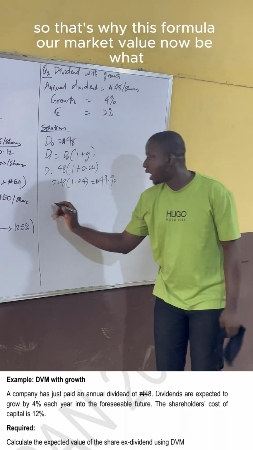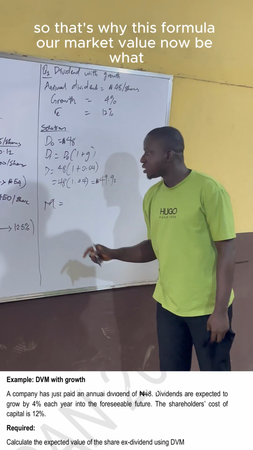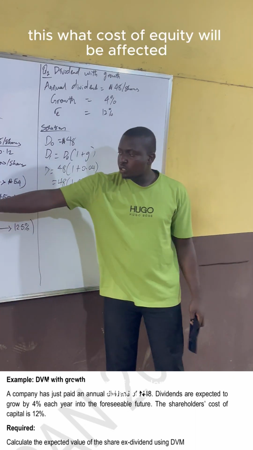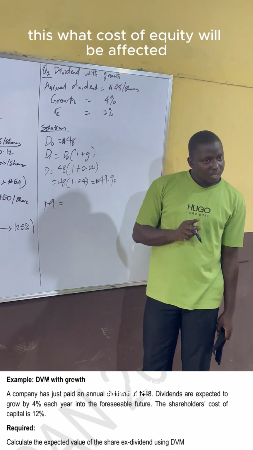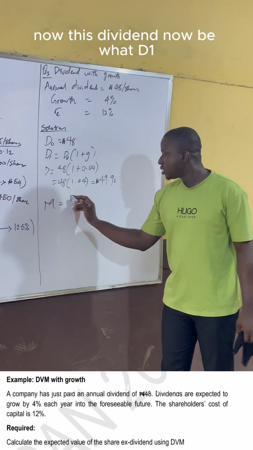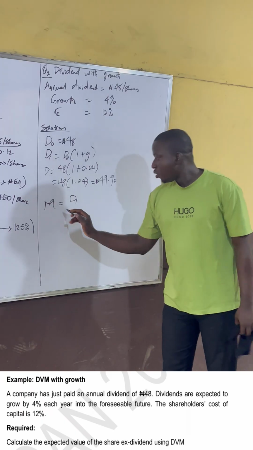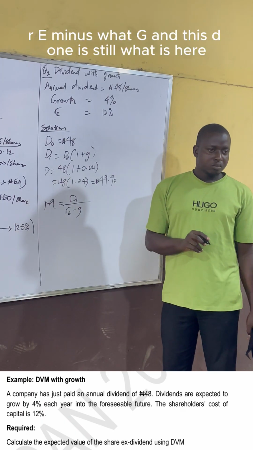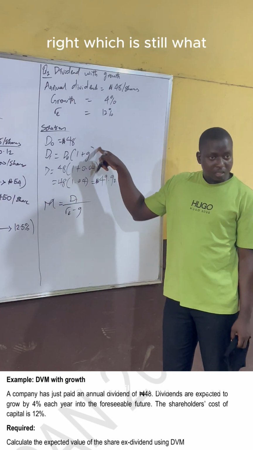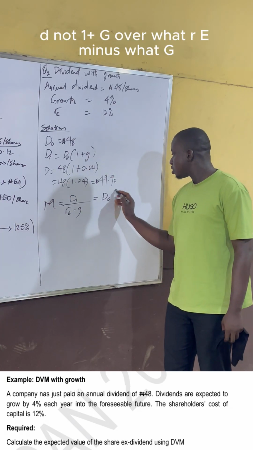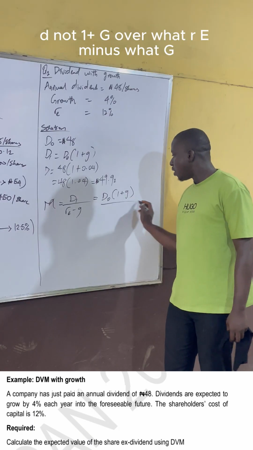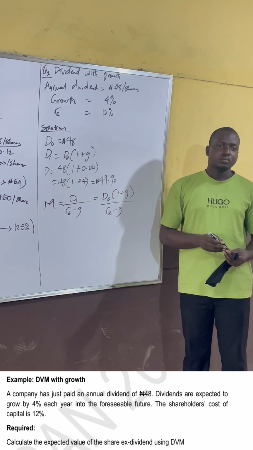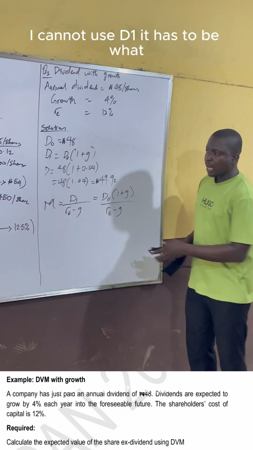So that's why in this formula our market value will now be: this dividend will be affected, and this cost of equity will be affected. The dividend now will be D1 over RE minus G. And this D1 is still D naught 1 plus G over RE minus G. I cannot use D naught.